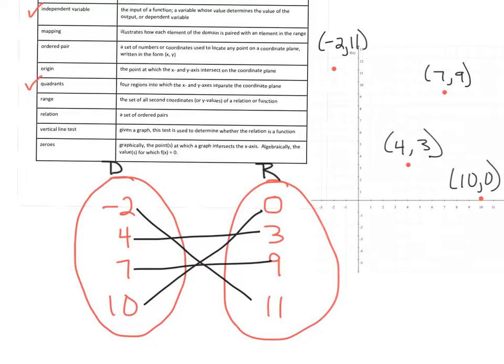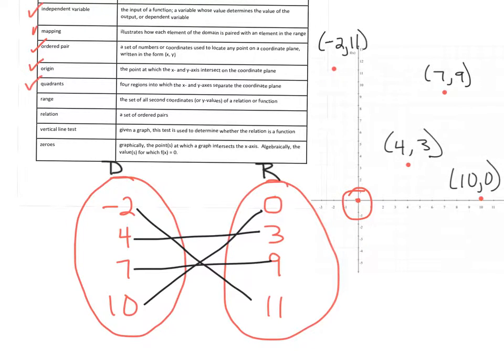All right, so we just did mapping and ordered pair, and so now we can move on to origin, which we can see right here on this graph. And so the origin is just the point where the x-axis meets the y-axis. So it's this point right there. That is the origin.